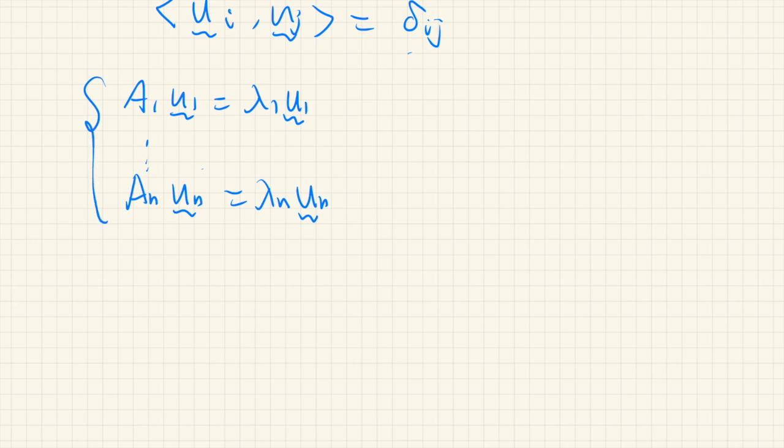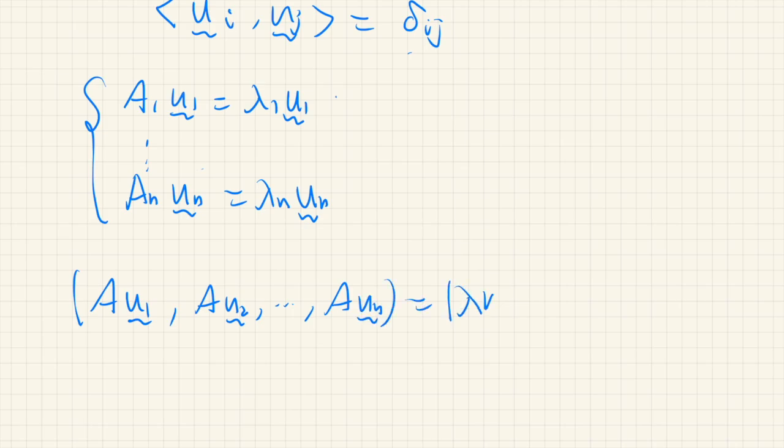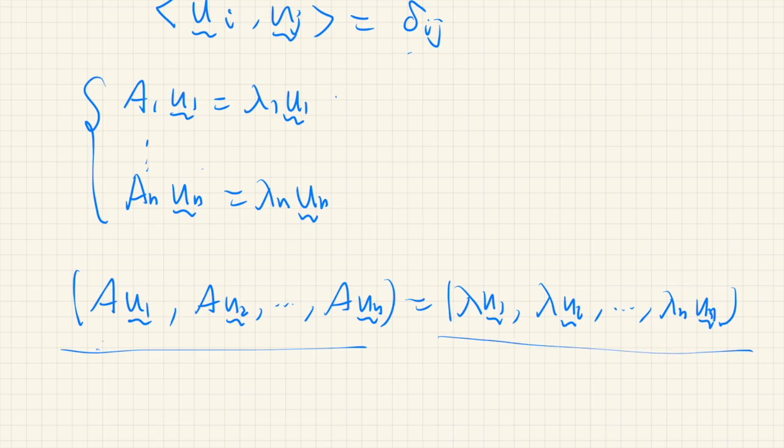So putting this into a huge matrix, a row vector of column vectors: Au1, Au2, and so on, Aun equals lambda 1 u1, lambda 2 u2, and so on, lambda n un. So this is an n by n matrix, and this is also an n by n matrix.